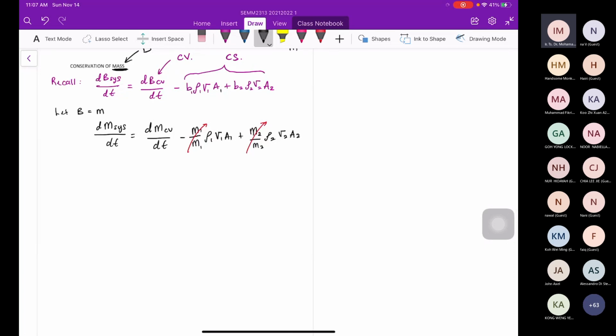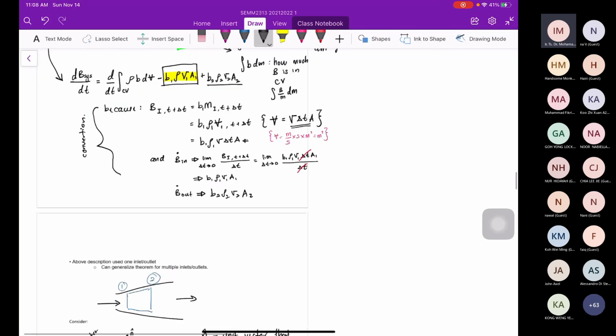Okay, we will get this term for conservation of mass, where the mass of the system is conserved, that means no change. So the mass flow rate equals 0.